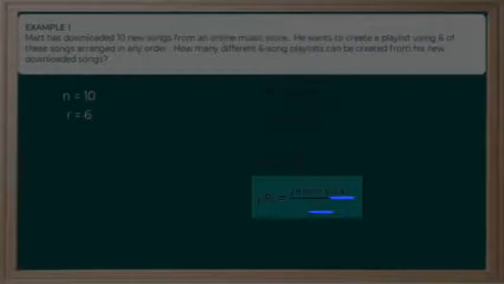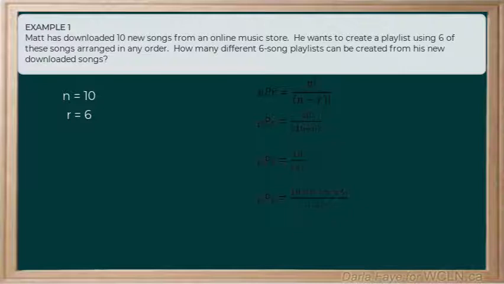I'm stopping here because I can see that I'm going to be able to cancel out the 4 factorial in the denominator. So once we've finished our cancellation, we're left with a simple multiplication statement, and then we can evaluate. So in this case, if I want to pick 6 out of 10 possible songs to make different ordered playlists, I would have 151,200 possible playlists available to me.